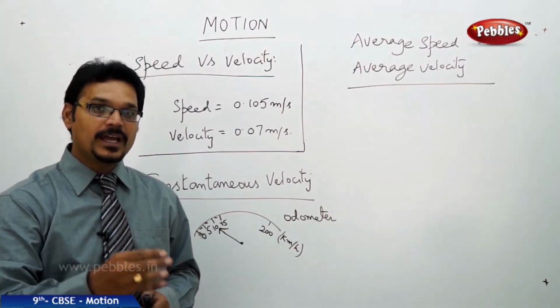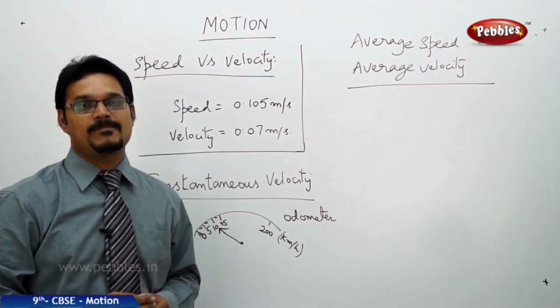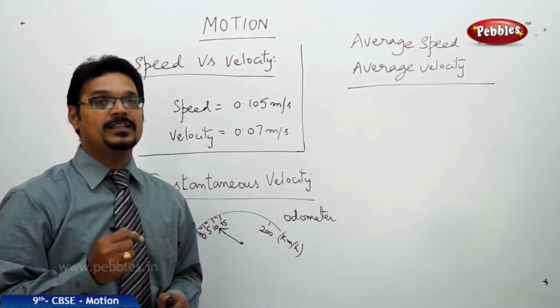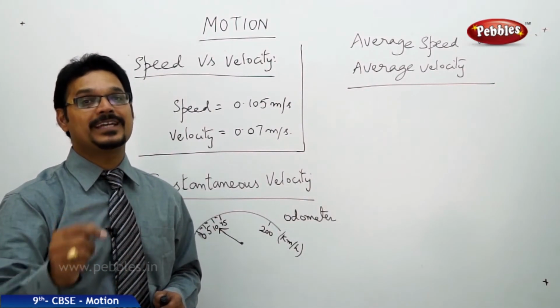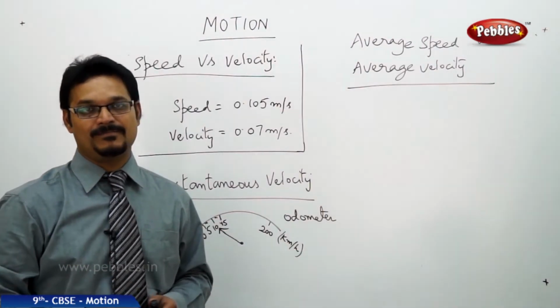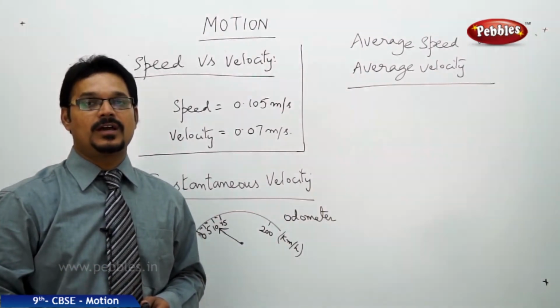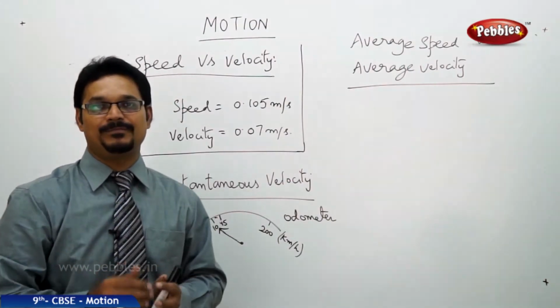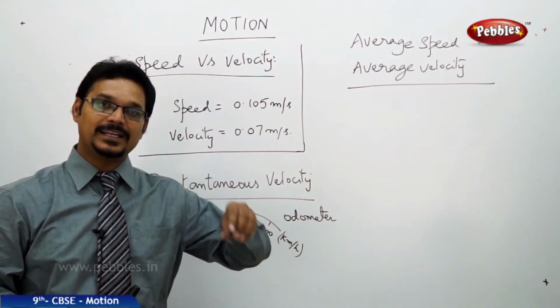When I say I have done the work at the 4th second, it is instantaneous, at that moment. When I say I have done the work in 4 seconds, it is the total time covered. So instantaneous means at that moment.